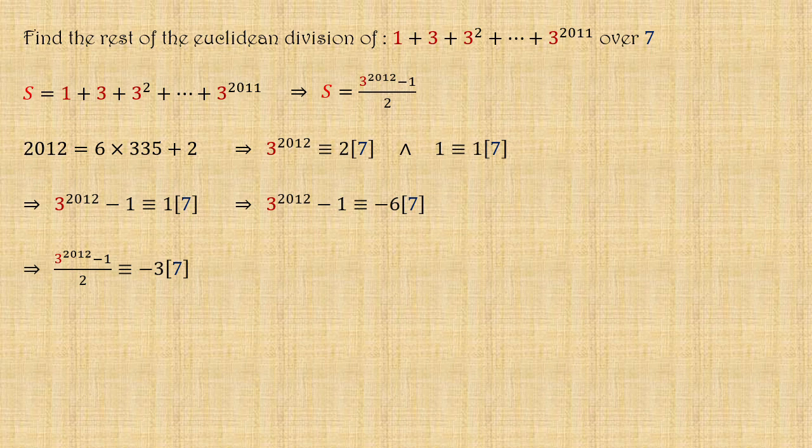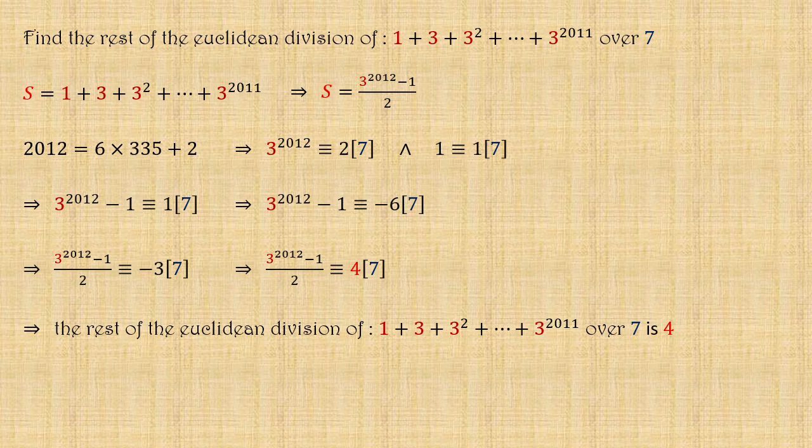Therefore, the ratio 3 to the power of 2012 minus 1 all over 2 would be congruent to minus 3 modulo 7. And this last congruence we reached means that the ratio 3 to the power of 2012 minus 1 all over 2, which equals our sum capital S, is congruent to 4 modulo 7.